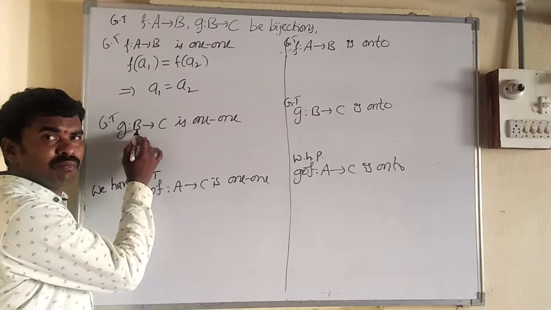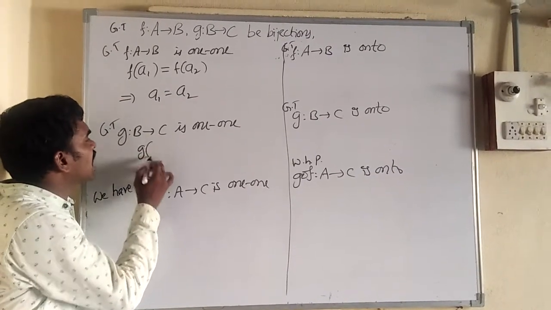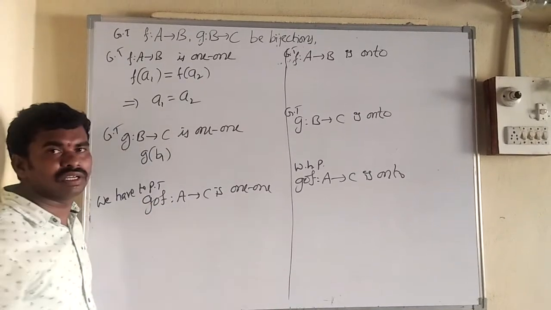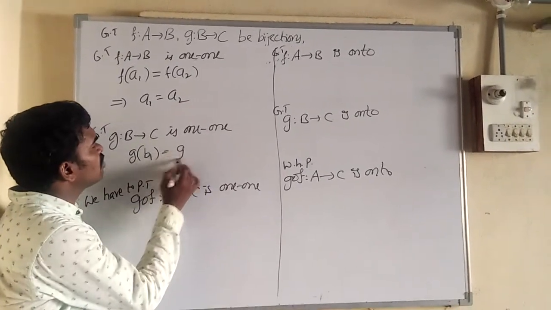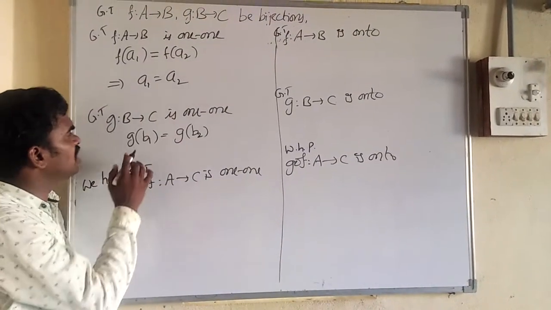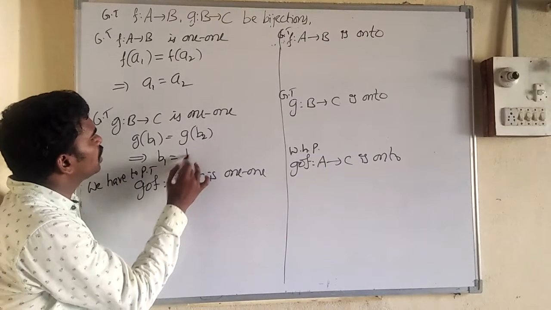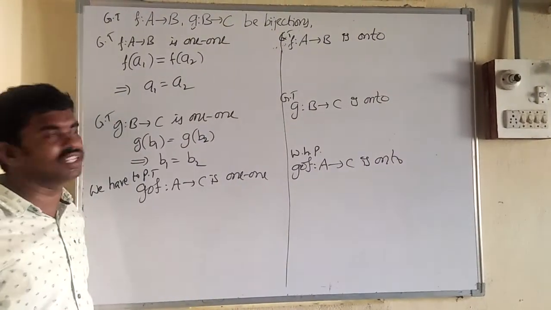The domain is B. So I take an element b1 and another element b2. The one-one definition: if g of b1 equals g of b2, then b1 equals b2. So these two are the one-one definitions.